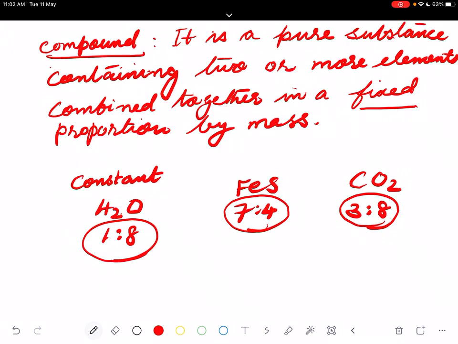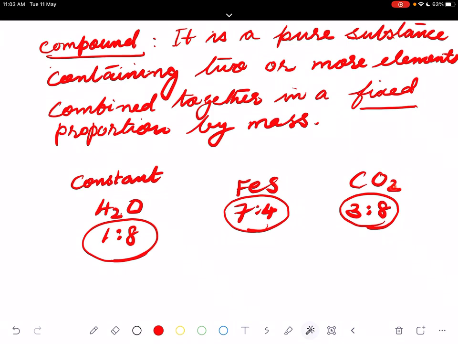This is the constant proportion for water, for FeS, and for CO2. This constant proportion we will be learning in terms of the law of constant composition, in the next chapter.